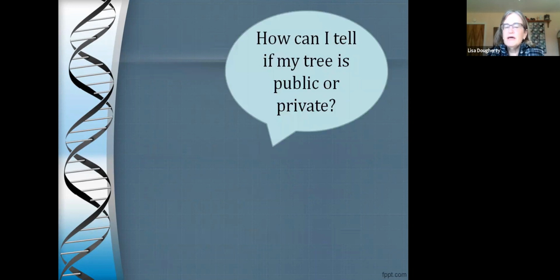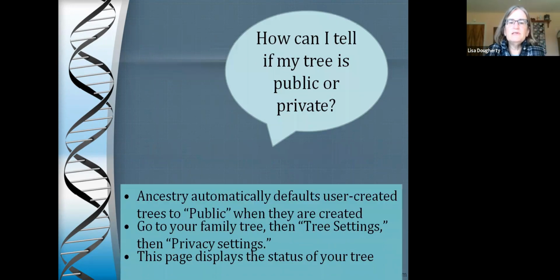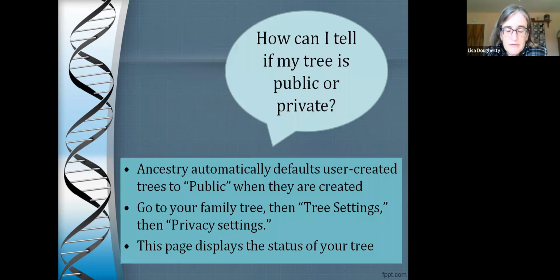So one question that I get an awful lot is, how do I know if the tree I have on Ancestry already is public or private? Well, the answer to that is that it's probably public. It is a default setting. When you start a family tree on Ancestry and start putting all of your information in, that tree is automatically, by design, public.